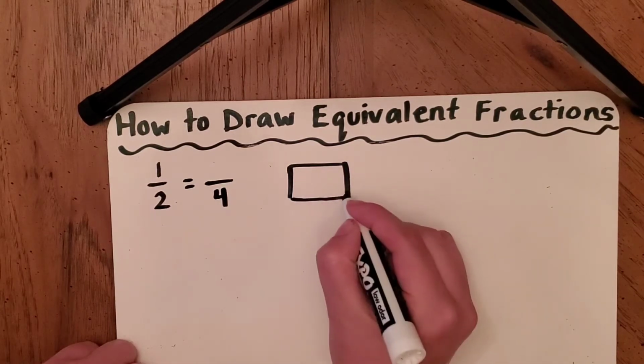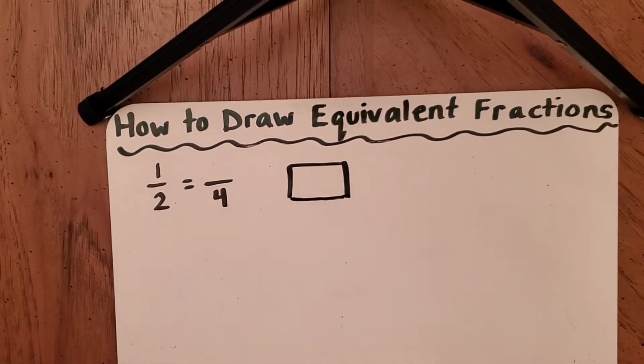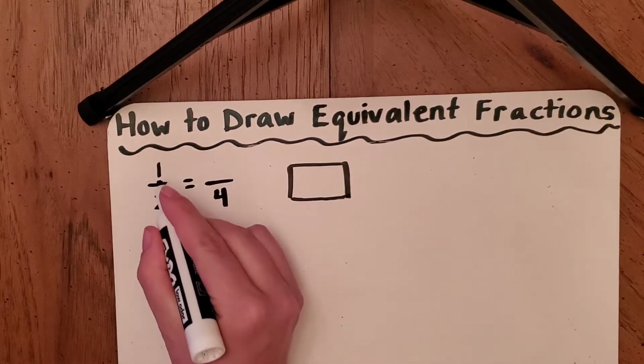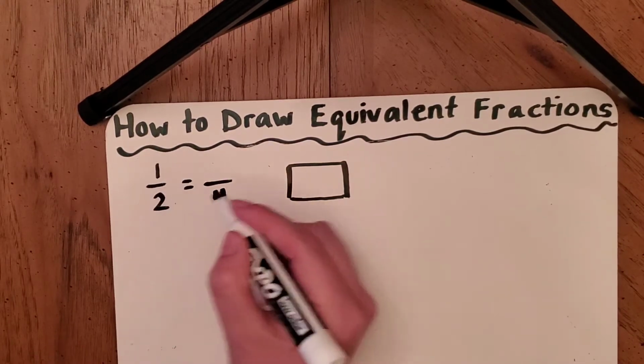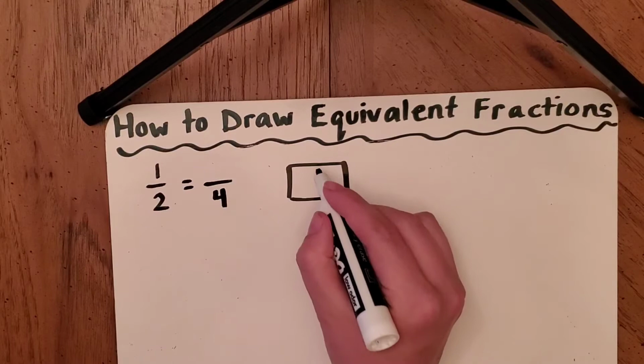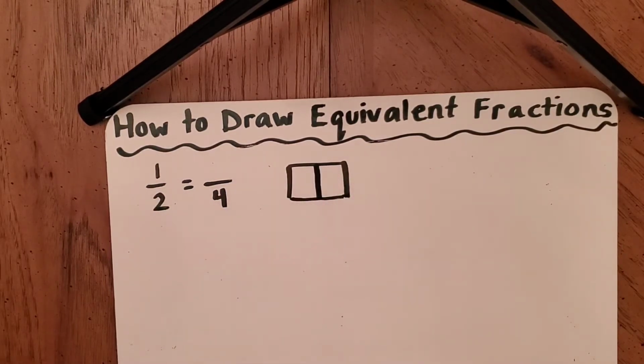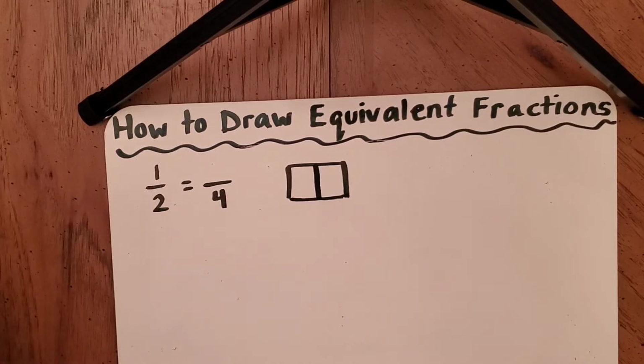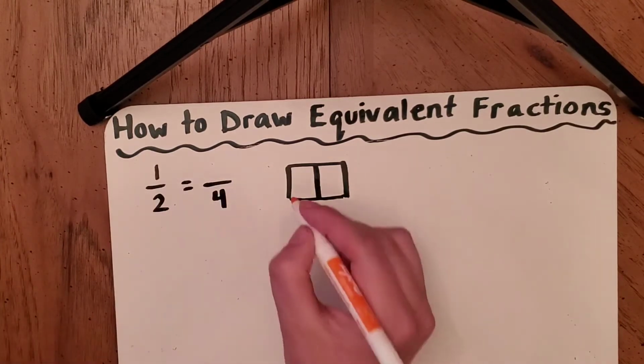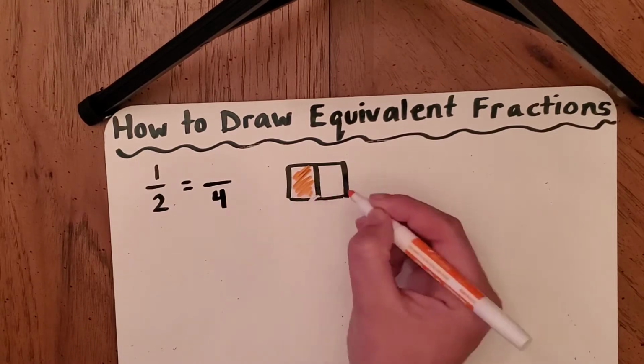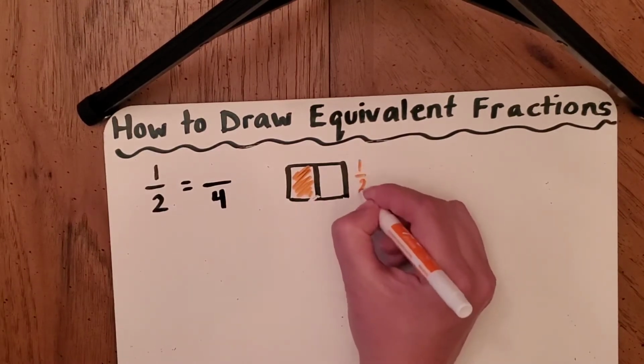And I like to use rectangles more than circles because I'm just better at drawing rectangles and I'm much better at cutting rectangles into equal pieces. I cut my rectangle into 2 pieces because my denominator tells me my fraction has 2 equal parts. My numerator, 1, tells me that one of those parts is shaded in. So there I've got my 1/2.